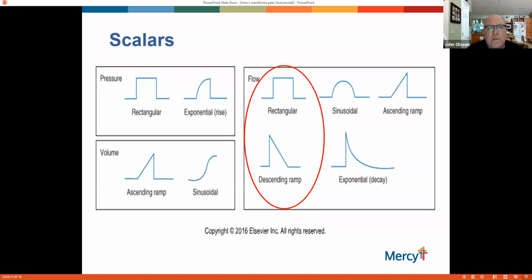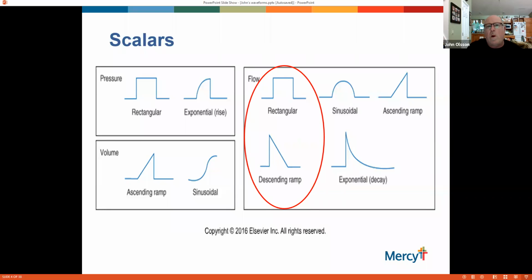So let's just look at some of the scalars, so you can tell what kind of waveform you have. By looking at either its flow or pressure, I can tell just by looking at what that waveform looks like. I don't need to have something out to the side tell me it's flow or pressure.